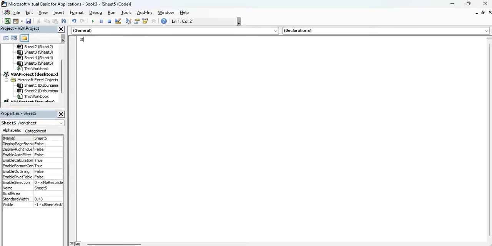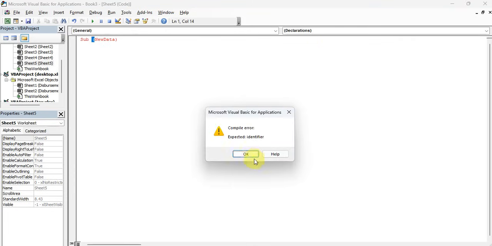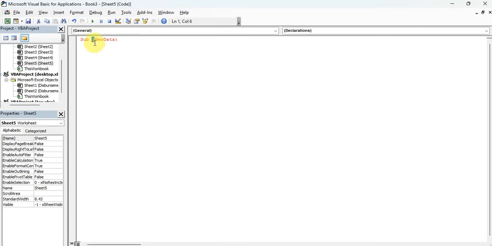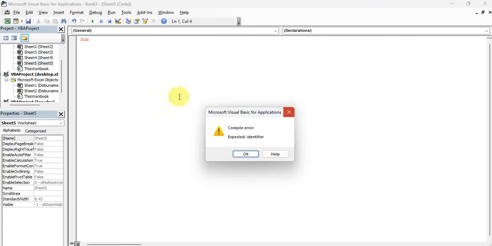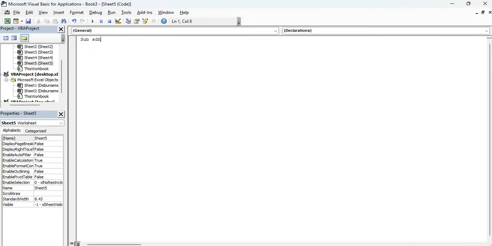You just say sub, brackets, new data here. Compilation error. Oh, why? I think I was wrong with this. So you just have to start with sub and then you continue writing your codes here. Yes, this is how Excel programming works.